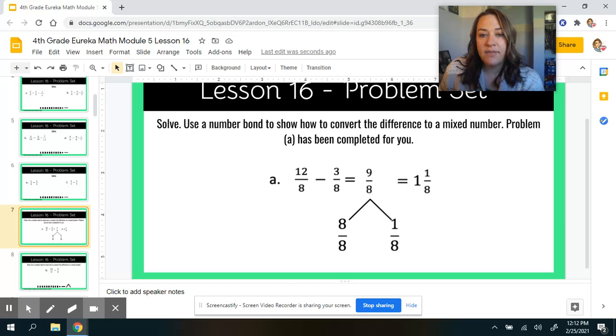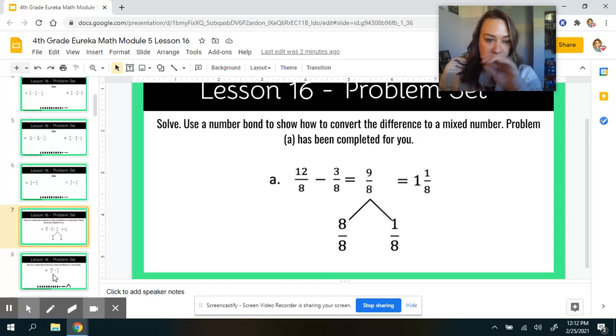If I have eighths, how many eighths do I need to make one whole? I need 8 eighths. So they're breaking this into a number bond. They're pulling out that 1. They took 8 eighths away to make that one whole. 9 minus 8 leaves us with 1. So 8 eighths is equal to 1, they rewrote it as 1, and we still had that 1 eighth. So 9 eighths is equal to 1 and 1 eighth. They're converting that improper fraction to a mixed number.